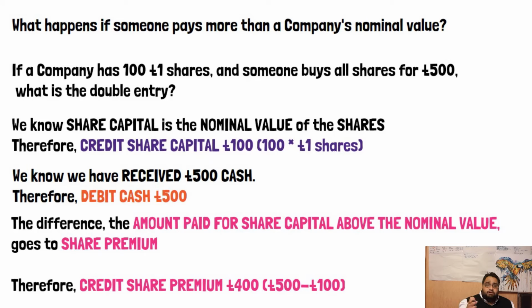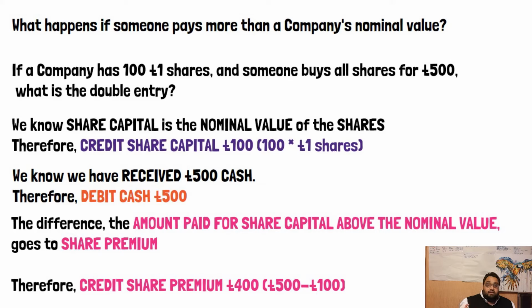Now we know we also received cash of £500. So receiving cash of £500 is a debit to cash of 500. And the credit to share capital is 100 because it's the nominal value of those shares. So what's the other 400? Well, it goes to something called share premium.